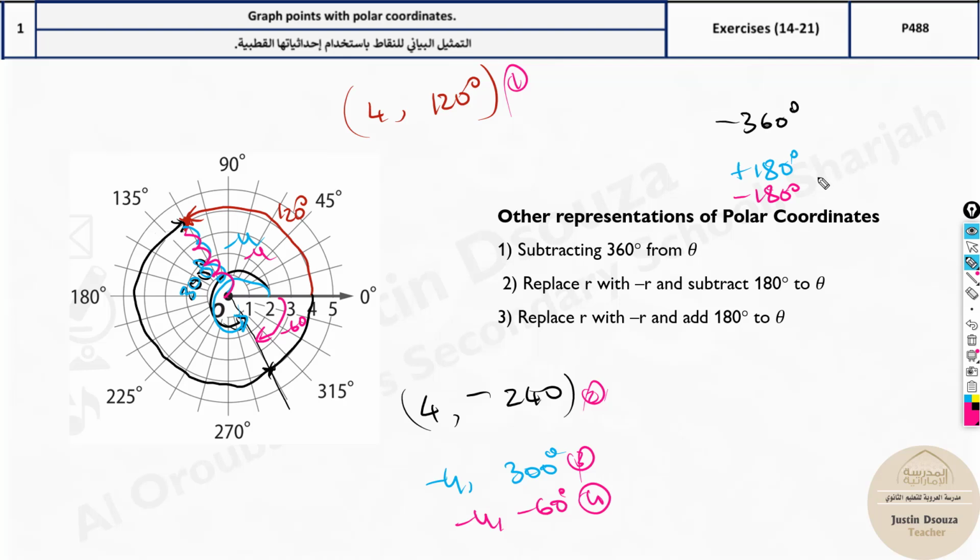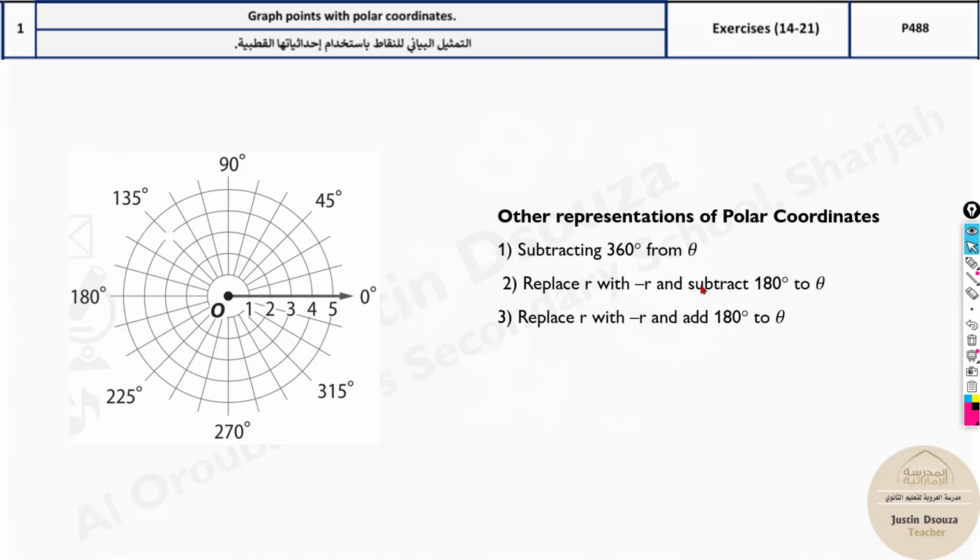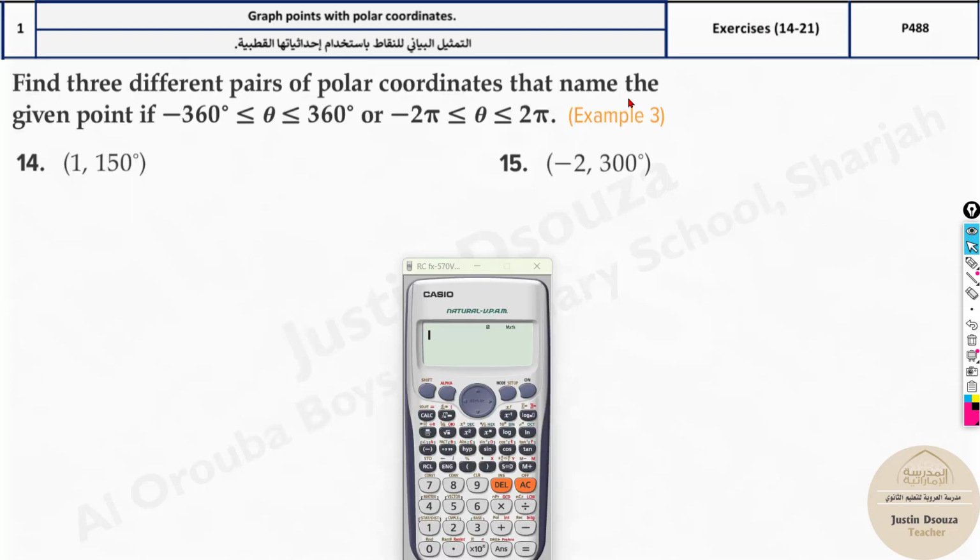Now, in calculator, it's directly possible for many problems. All you need to do is subtract 360, add 180, and subtract 180. Let's try solving it. Let's take our calculators over here. Now, we have 1 and 150 degrees. So, I'll have 150 degrees, subtract by 360. It's minus 210. If you look over here in the question, they have clearly mentioned it can be within this limit.